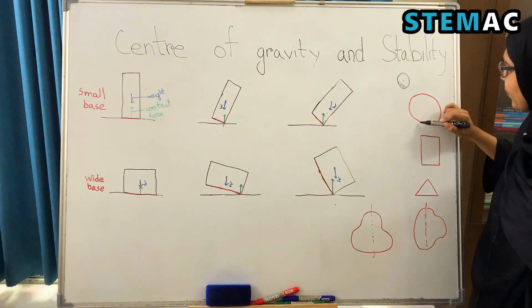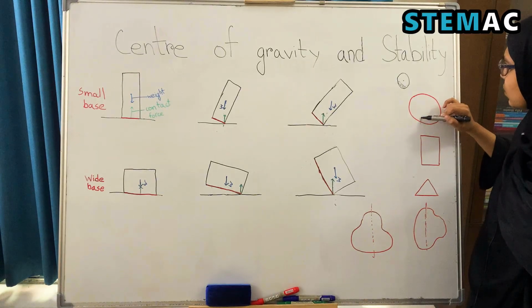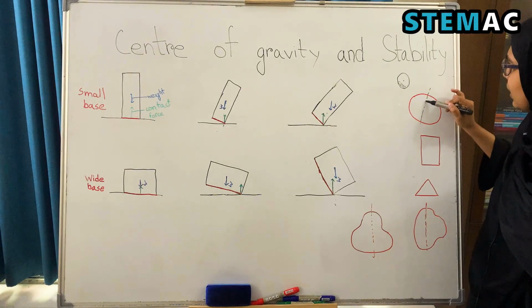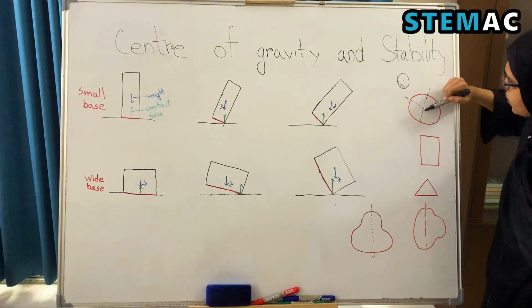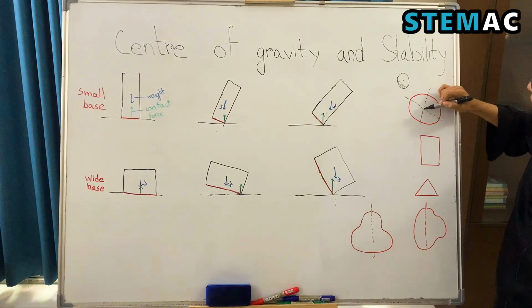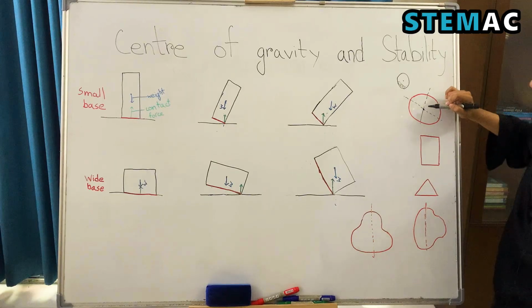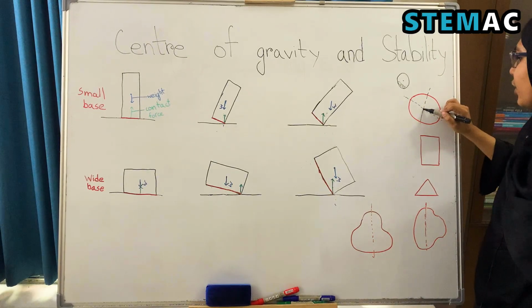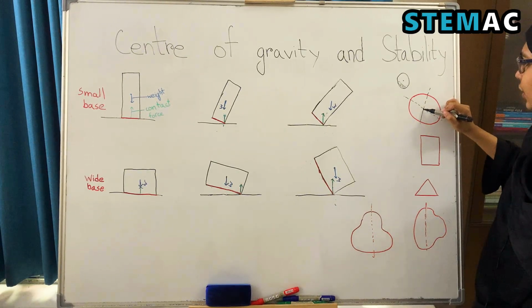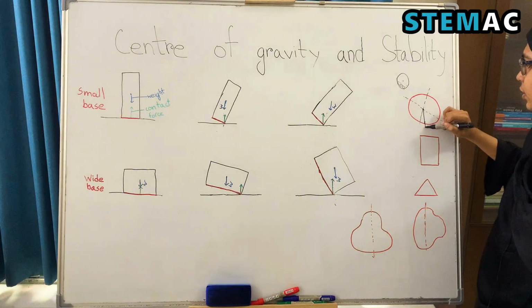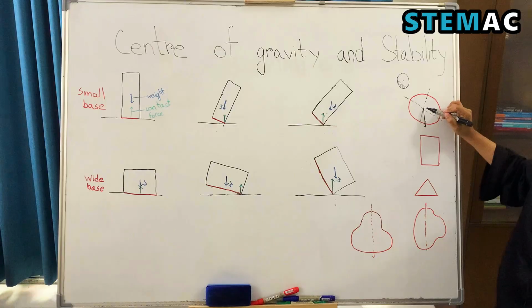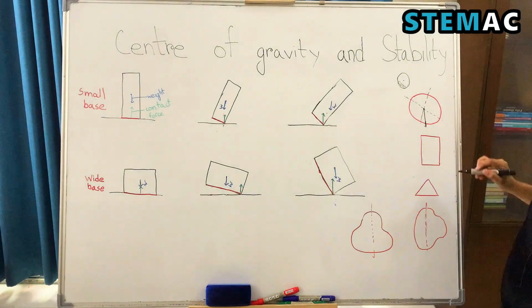Let's say for this circle, this is one line of symmetry and this is another line of symmetry. So the weight of this circle would act from this point. So this is the center of gravity for this circle.